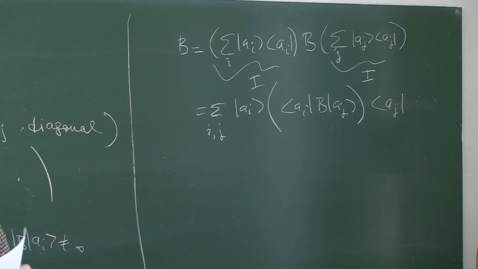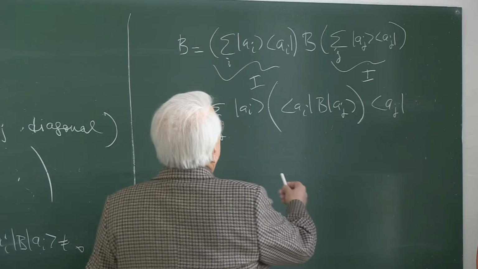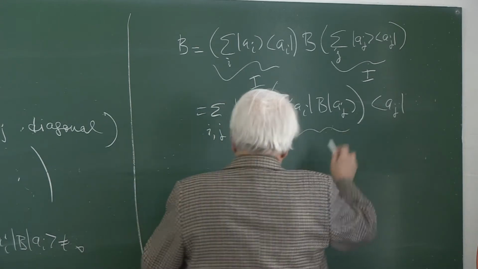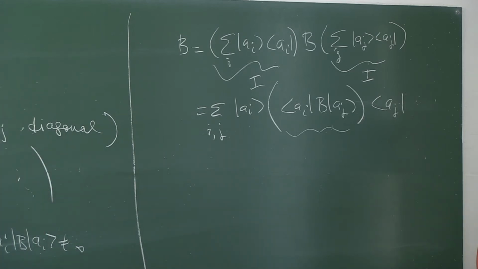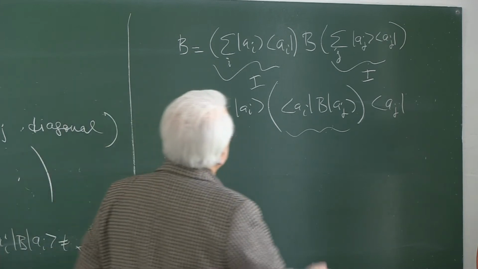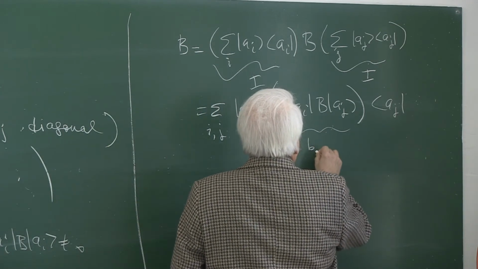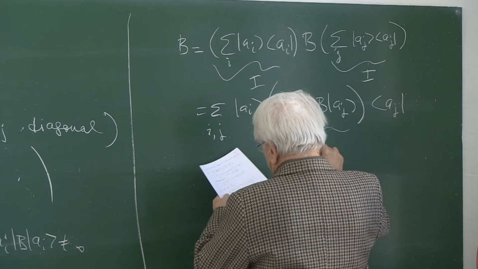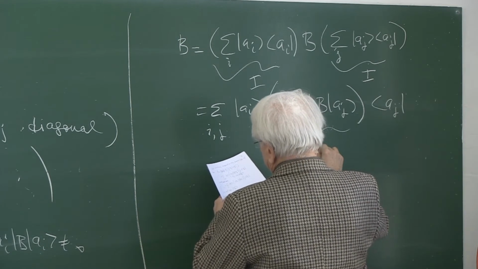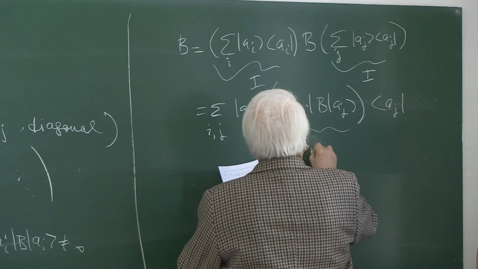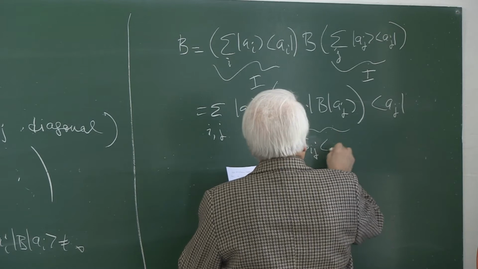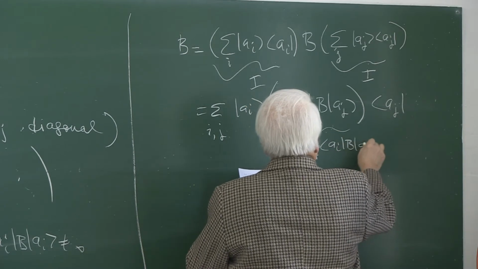Well, I haven't done anything. I have rewritten the expression by focusing on the inside. Now, we have seen from the previous theorem that B is diagonal in the A basis, and vice versa. You can repeat the same for the A operator. So this is delta_ij <a_i|B|a_i>.